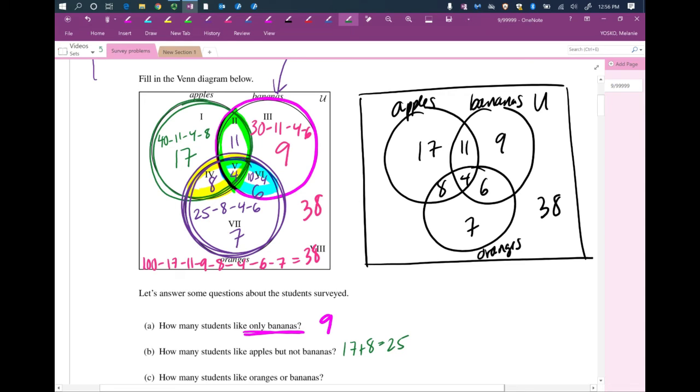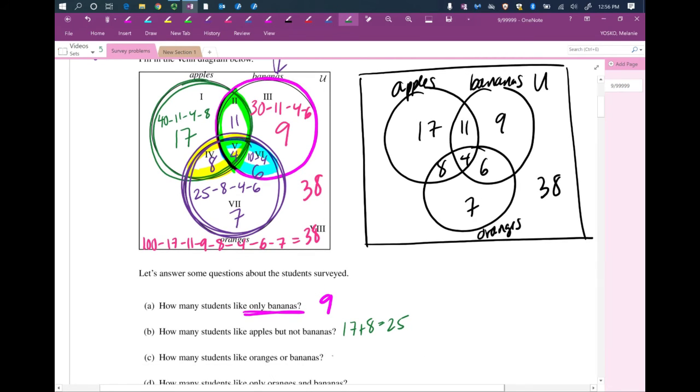How many students like oranges or bananas? Okay, so keyword here, or, we have to be very careful. There's something else that's implied when we say oranges or bananas, we're implying or both. You may have heard that when you use the word or, you're going to use a union. So this is oranges union bananas, and we're looking for the number of elements in those sets.